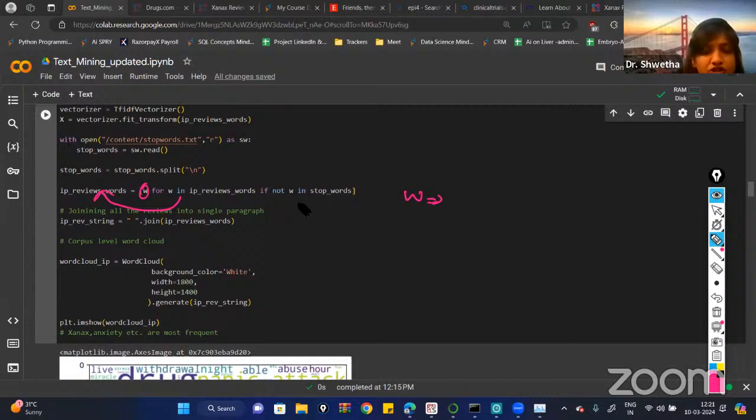If it is in stop words, then it is removed. After that, all these reviews are joined into one string, and that will be stored in IP_rev_string.